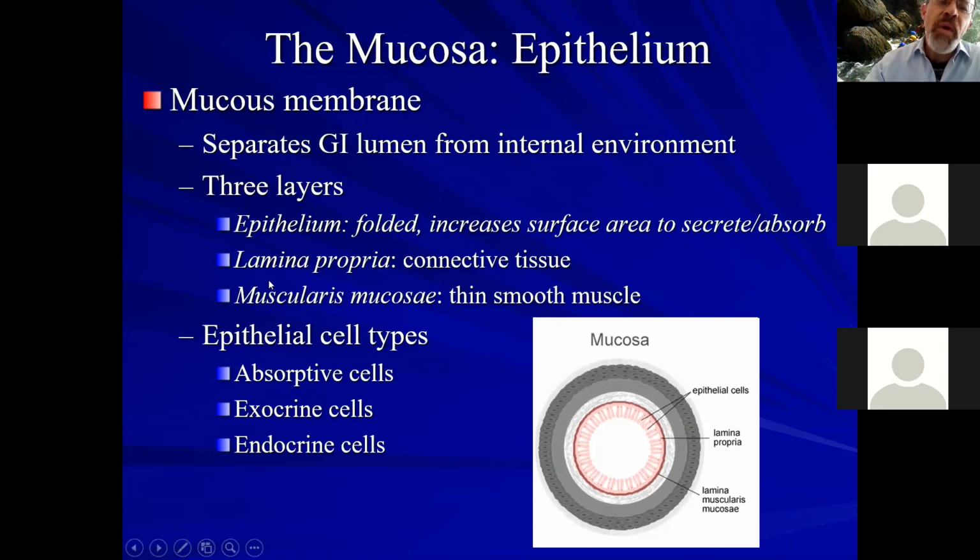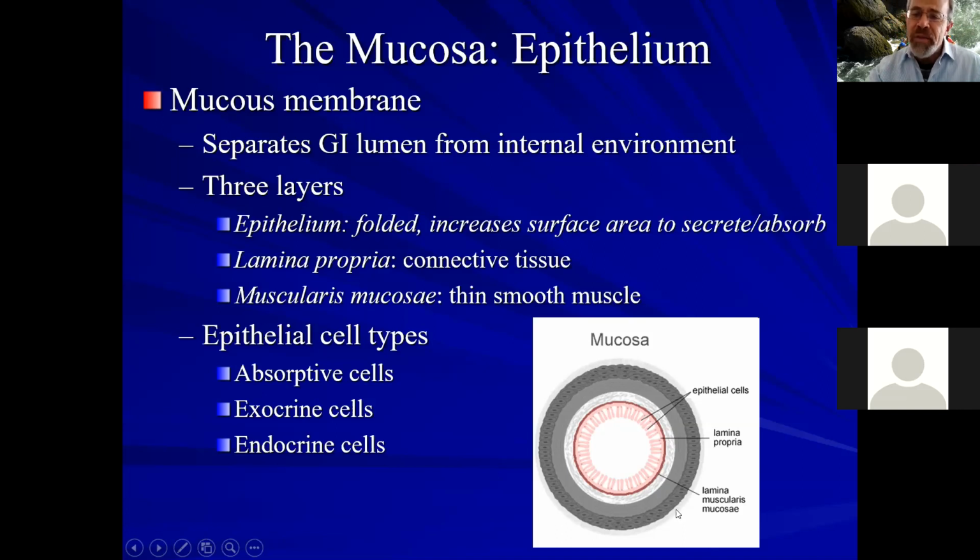Underneath that epithelia, we have the lamina propria, which is connective tissue, which has some blood vessels. And the third is the muscularis mucosa, and if you think of muscularis, that sounds like muscle. In fact, it's a very thin, almost like a rubber band layer of muscle.